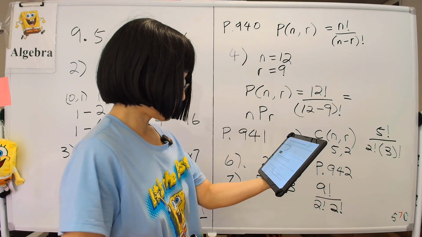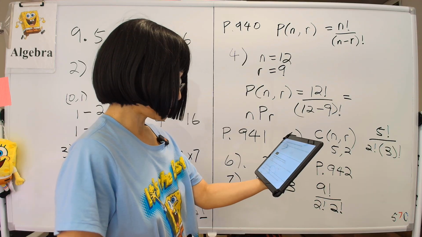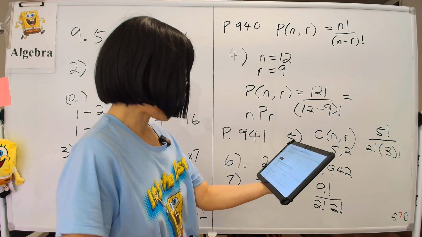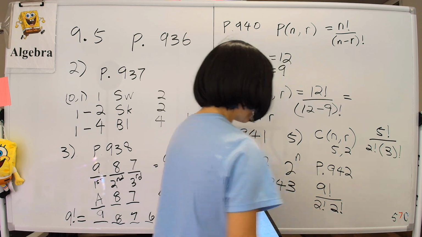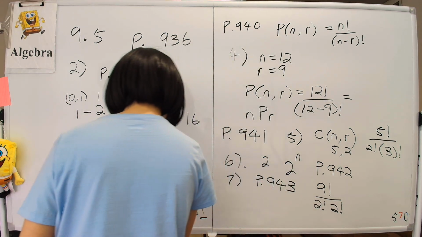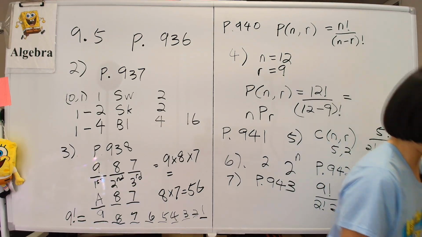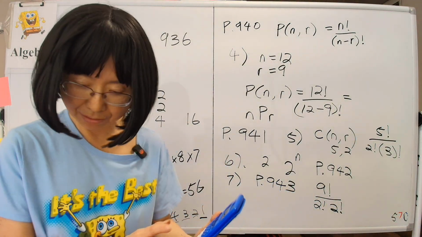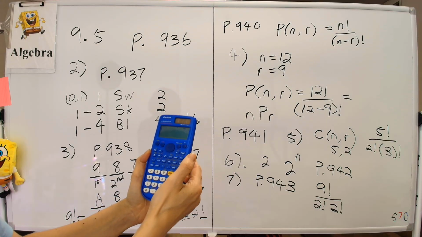Anything else? D-I-S, T-I-N-C-T. Yeah, it seems like that's it, right? So we just have to do 9 factorial and divide it by 4, and that will give us the right answer. Let's do that. Let me turn on my calculator.